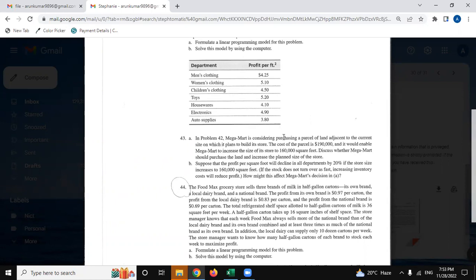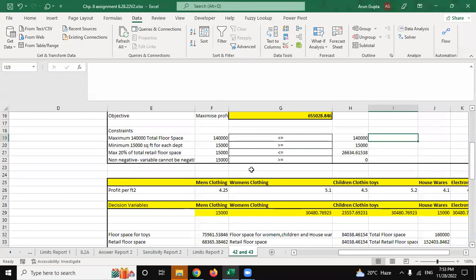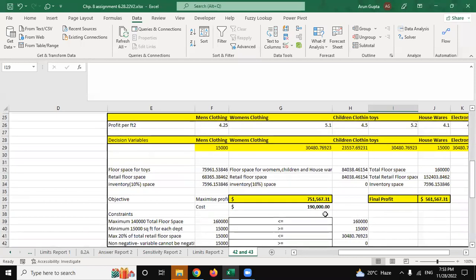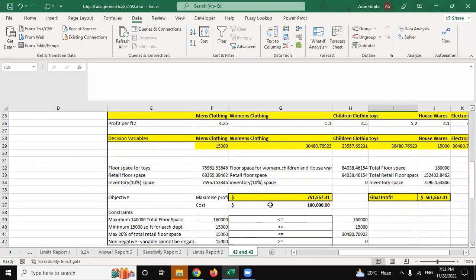Then discuss whether Mega-Mart should purchase the land and increase the planned size of the store. So here we go. Here, the cost as mentioned in the question is 190,000, and the total floor space will be 160,000. So we have used some formulas in Excel to compute these values.